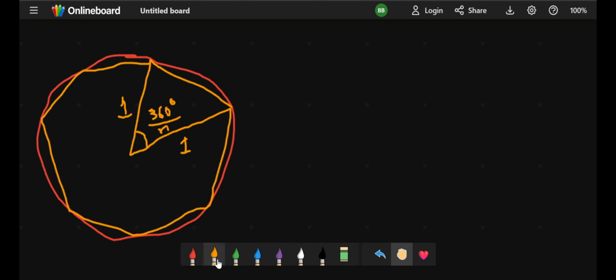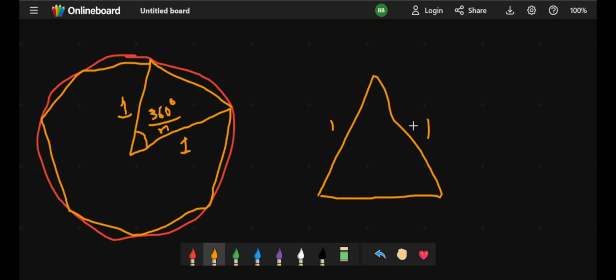So what are we going to do? Well, now that we have this triangle right here, with sides 1, 1, and angle 360 over n, here's what we can do.